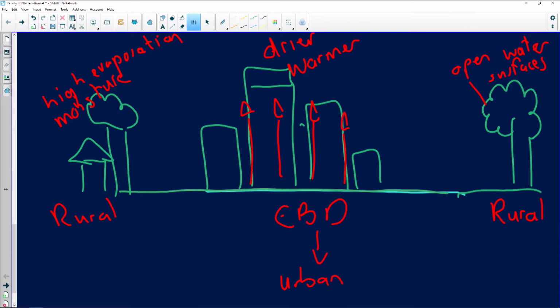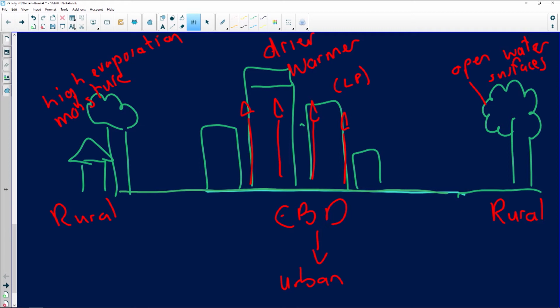We're busy, people are there, we're using machinery, we pollute, so we're creating more warmth, more artificial heat. And what does heat do? It rises. So I'm going to put in brackets: we've got a miniature low pressure that exists over the CBD.